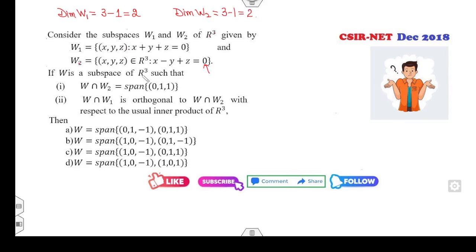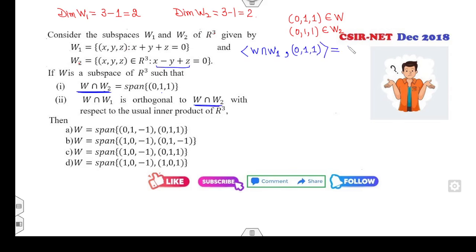W is a subspace of R cube such that W intersection W2 is the span. What is the meaning of the intersection? That means 0, 1 and 1 must be part of W, and 0, 1 and 1 must be part of W2. Only then will it be in the intersection, it must be part of both, so you can see 0, 1, 1 is satisfied. Also, W intersection W1 is orthogonal to W intersection W2, that is 0, 1 and 1.